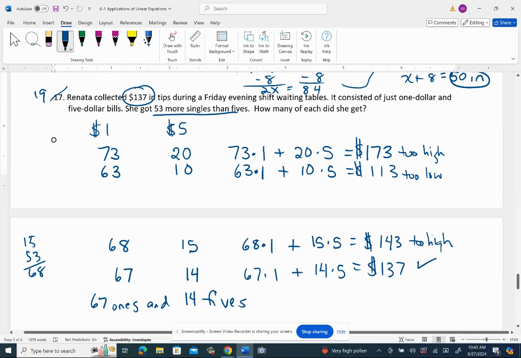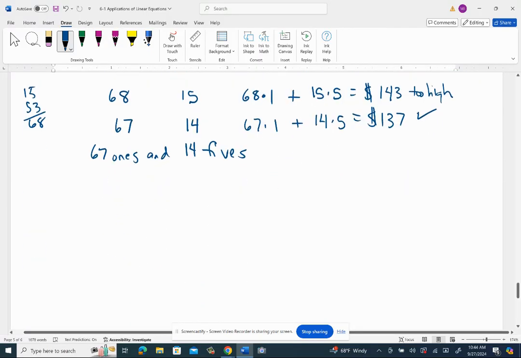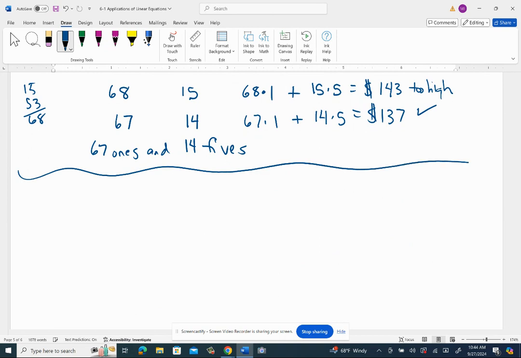But now we've been working on using some algebra to help us with things, so we're going to try that here. Okay, so if we're going to use an algebra approach for this, what we would do is a little bit different. Okay, we might let X represent maybe how many fives she got. So let's let X be the number of fives.